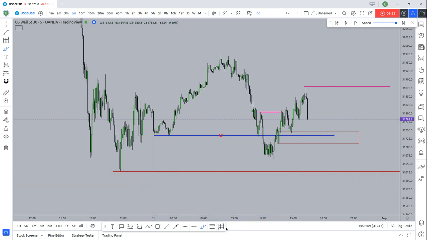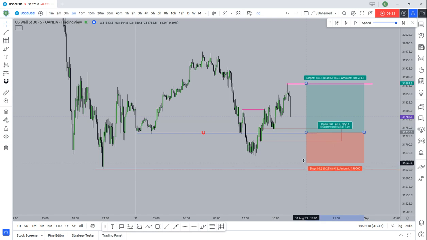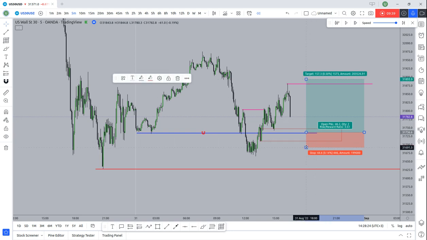Okay, so I'm sorry, I have an entry here. This is where I entered, and I was targeting this liquidity.